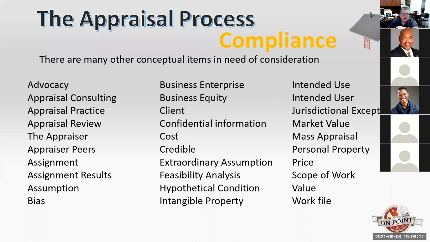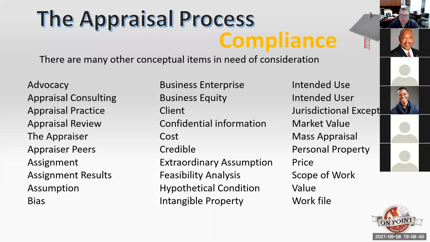Because these are all different types of appraisal types. The one that we focus on is in the third column, market value, but there's something considered a mass appraisal, where an appraiser might appraise 20 properties in an area and put it all in one report. There's also appraising personal property, a work file, and a hypothetical condition.